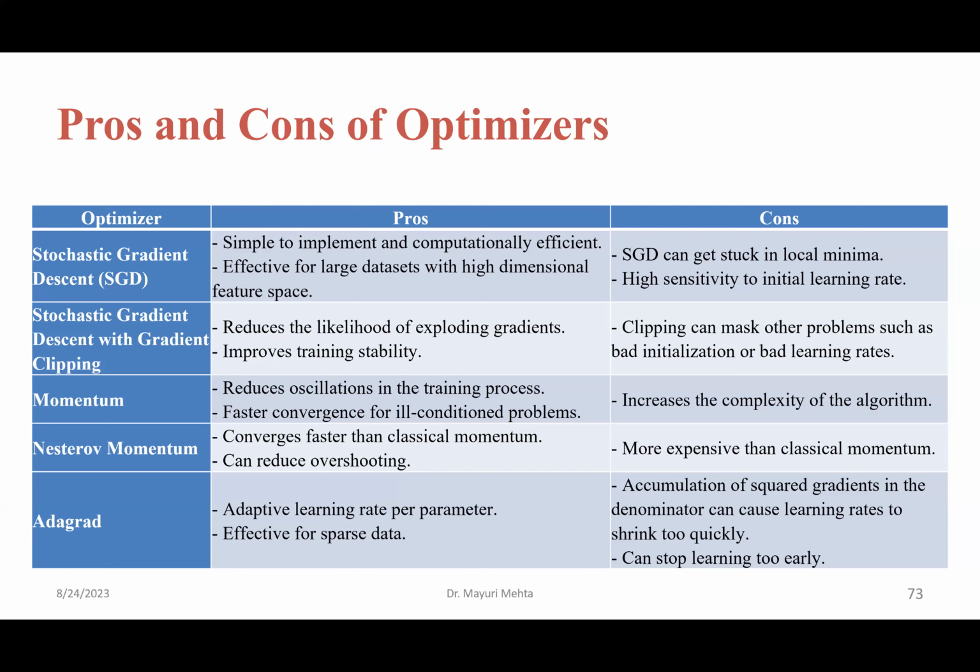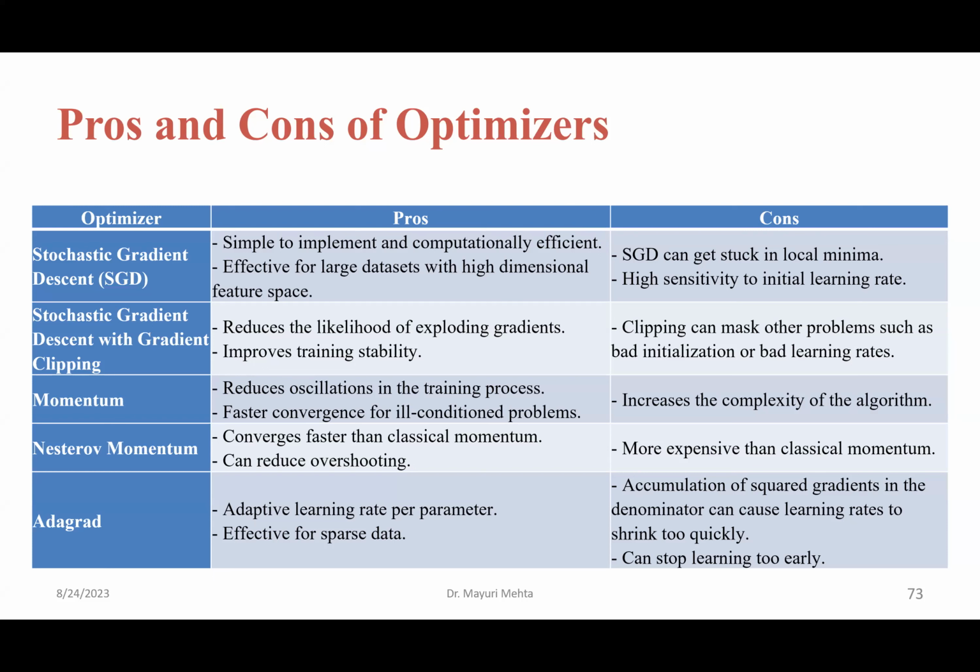In this table, I have included the pros and cons of different optimization techniques, which help you decide which optimization technique or techniques you should try for your machine learning or deep learning problem. When you work on any machine learning or deep learning problem, you can never decide in advance that this will be the best optimization technique for my problem. No, it's not like that. Based on your problem domain, your data set and other things, you should choose a subset of optimization techniques, maybe mini batch, Adam.